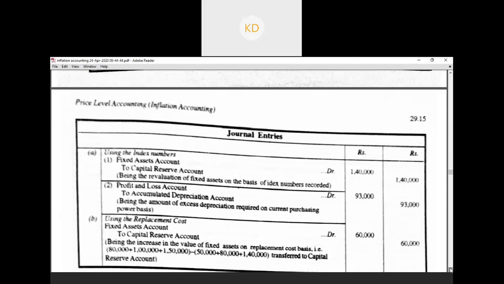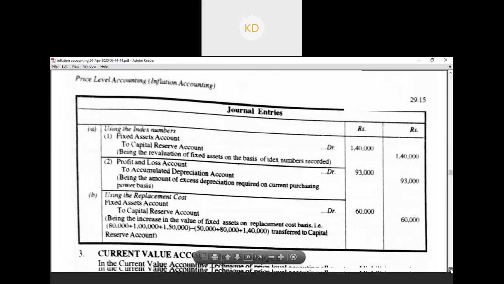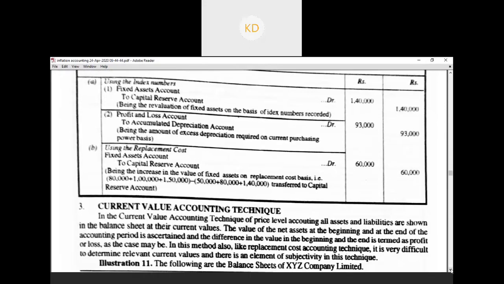So the excess depreciation, I am transferring from the P&L account to accumulated depreciation. So whatever extra amount I have to provide for, I am providing for in the accumulated depreciation account, right?